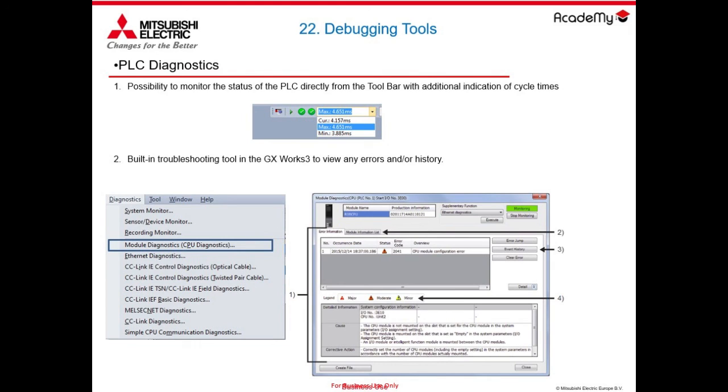A major error is an error like, let's say, a hardware or memory failure, and will certainly bring the PLC to stop. A moderate error will also bring the PLC to stop. A minor error, however, as can be a flaw on a communication, the CPU could continue to operate.